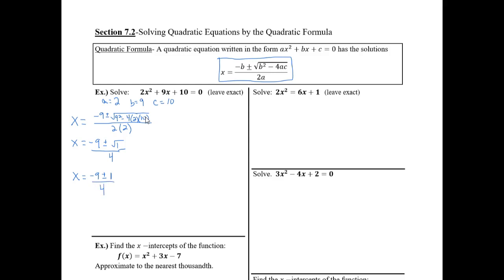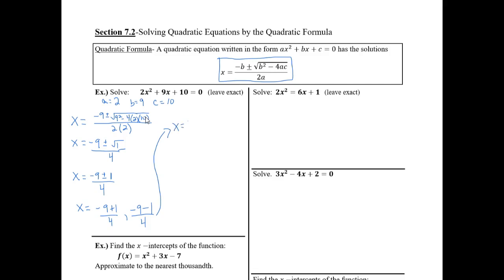And now we can simplify into our two solutions that we're going to have, right? So we'll have negative 9 plus 1 divided by 4, or negative 9 minus 1, using that plus and minus, breaking it up, divided by 4.